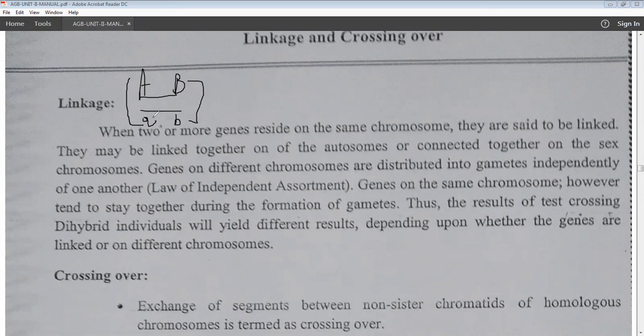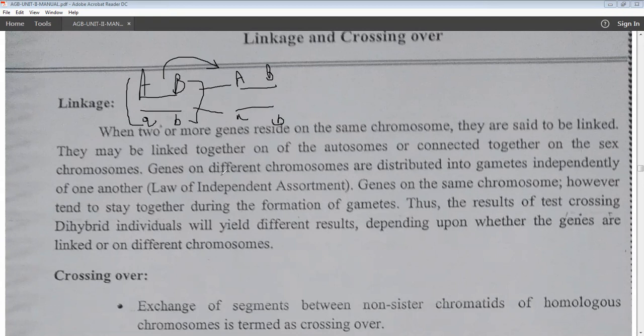If these genes are linked, they'll tend to make the gametes like this, and the other gamete will be like this, because these two genes are linked. No doubt they are on the same chromosome. As they are on the same chromosome, they tend to move to the next generation through the gametes like this only. As these two are on different chromosomes, they tend to separate out.